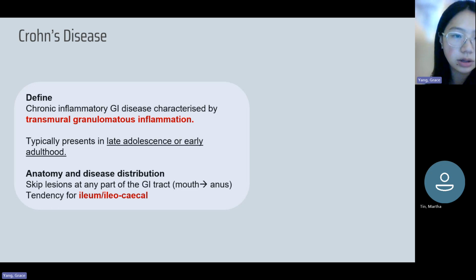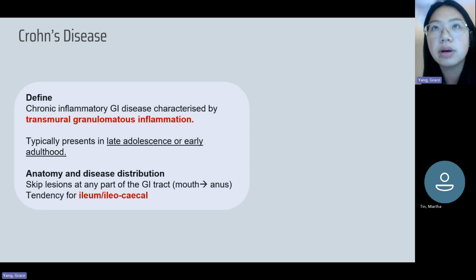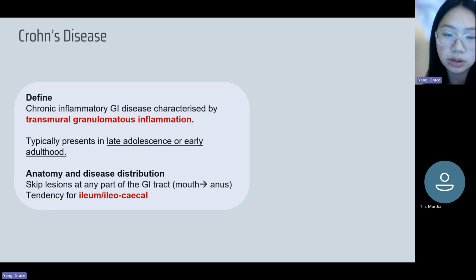So it typically presents in young adults, and when you think of the whole GI tract, they appear in skip lesions, which means it can go from the mouth, presenting as ulcers, or it can go all the way down to the anus, presenting as skin tags. So most of the time, the most severe part will be the ileocecal valve, which is in your right lower quadrant.